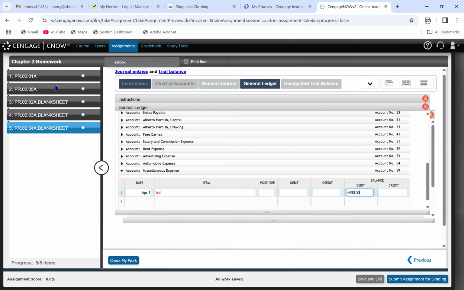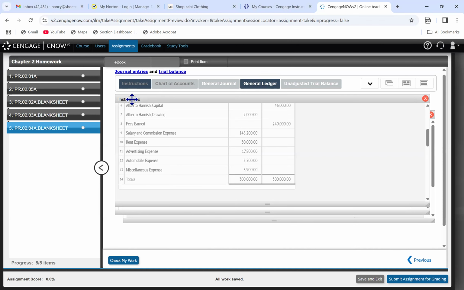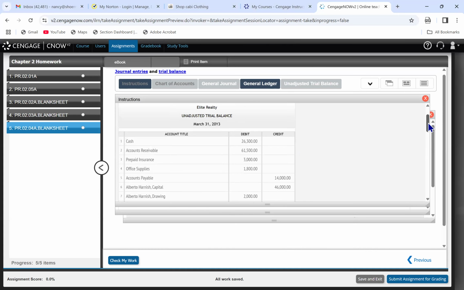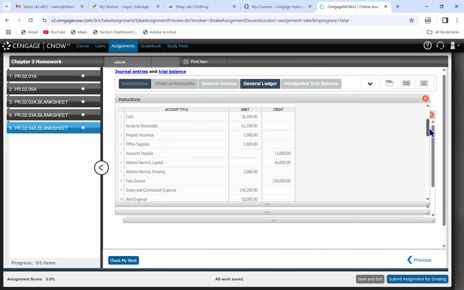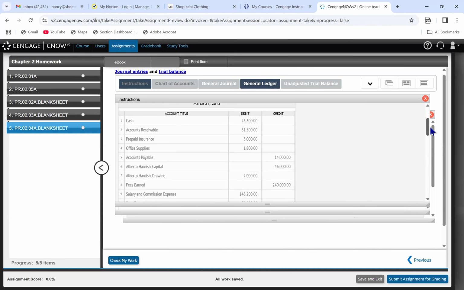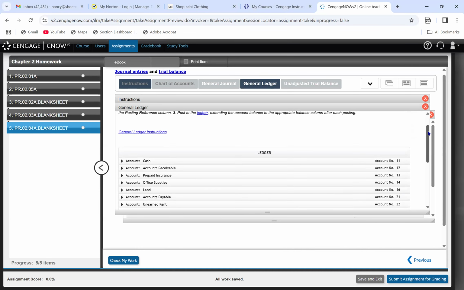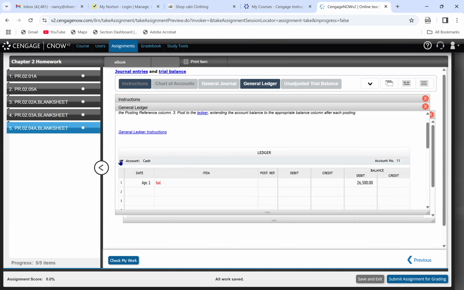So what I'm doing, guys, is toggling back and forth between the instructions, where I'm taking this unadjusted trial balance and all of these figures, and going to my general ledger. In the general ledger, we have a list of these accounts. When you want to go to the cash, you click on it. All I did is put the initial balance for April 1st in this balance section.